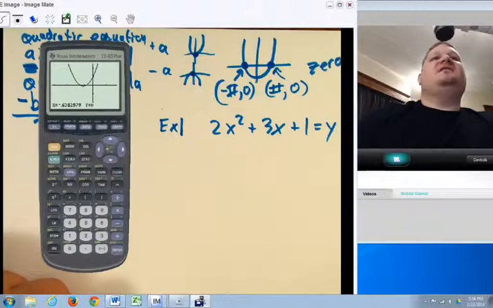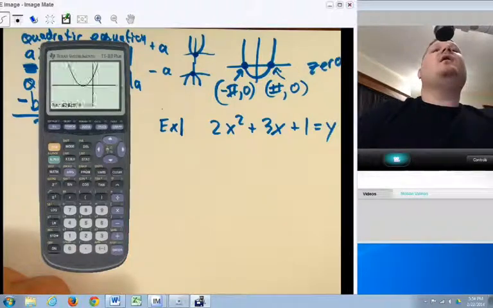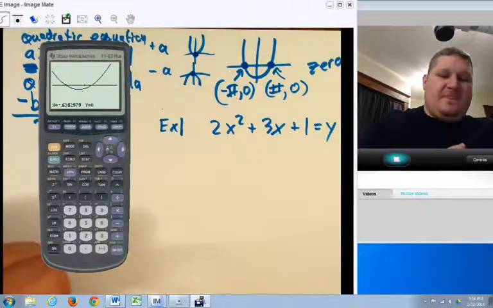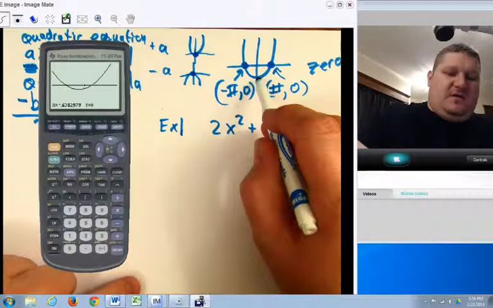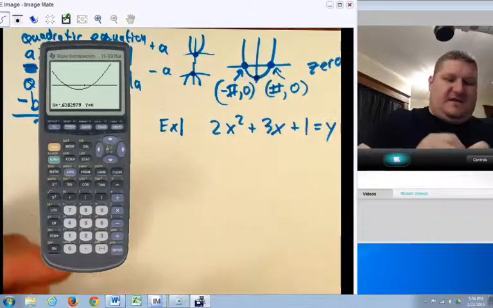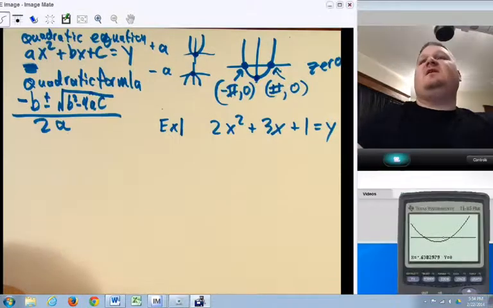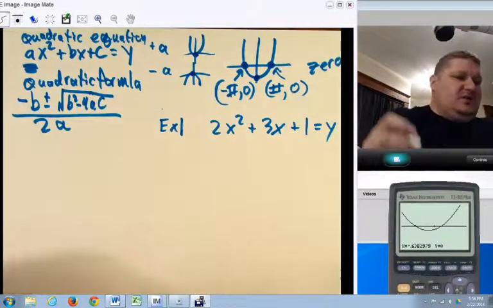Okay, so we can zoom in, we can see that it is indeed going down through the x-axis and coming back up. So we're going to have two solutions, and we're going to have a vertex, and that vertex has been moved off center. So let's grab this calculator, get it out of the way, and go do a little work.